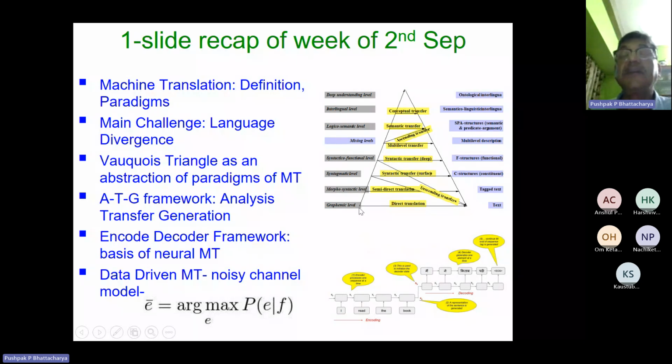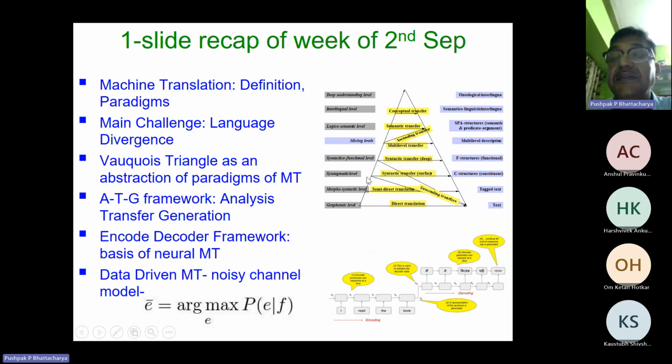So if the input is an English sentence, and we do some processing on it, we are moving up the left-hand side to some distance. Now, you can see there is this syntagmatic level, which corresponds to identifying the part of speech tags and the syntactic tree of the source sentence.